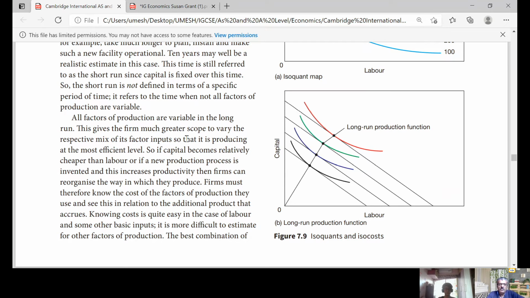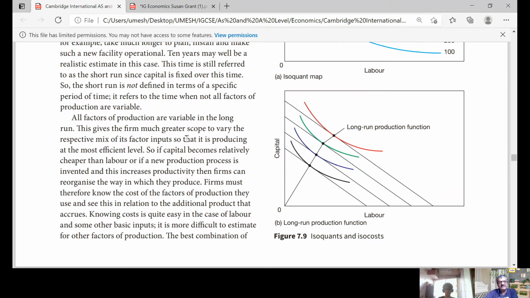This gives the firm greater scope to vary the mix of factor inputs so that it is producing at the most efficient level. So earlier in the short run, I cannot change capital if capital is fixed. But in the long run, I can change land, labor, capital, even owners. I can change enterprise also.